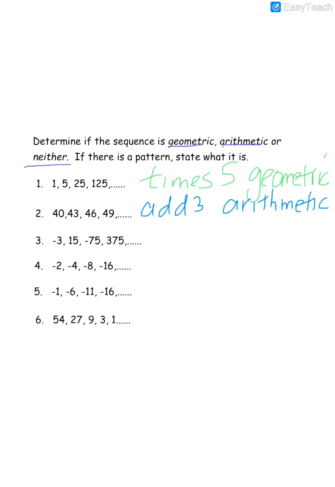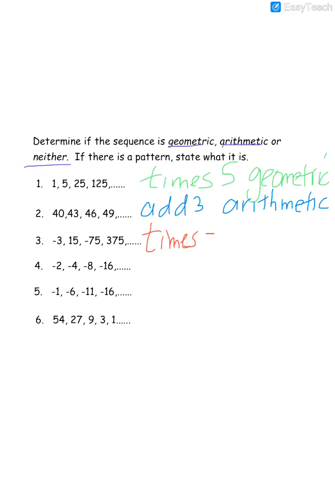How do you get from -3 to positive 15, from positive 15 to -75, from -75 to 375? So you could think they might be adding, but then it's alternating signs. That's going to lead me to believe that I'm timesing by something, and probably something that's negative, because a negative times a negative is a positive, and a positive times a negative is a negative.